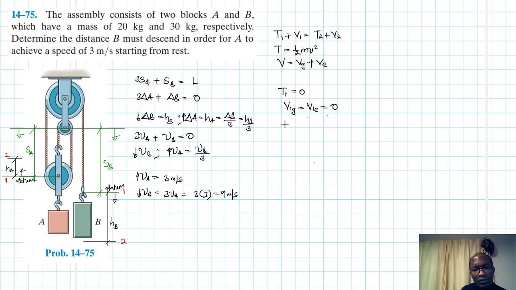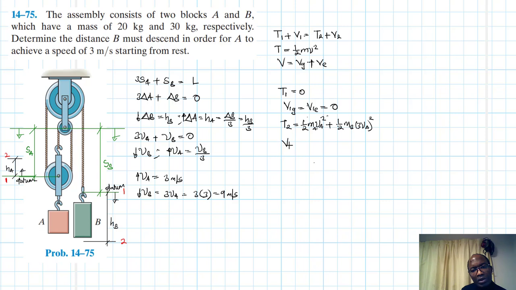So I have my T2 is just equal to a half M VA squared plus half, this is A, MB, then 3 VA squared, right?